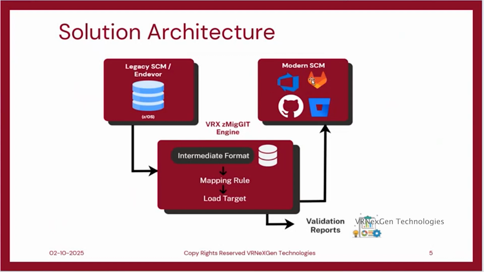Whichever you choose, the mapping rule is facilitated accordingly, and we load all the migrated assets into the chosen target SCM. After that, you can validate whether the application has been migrated properly, including the number of files, file sizes, and whether the content is completely moved without any truncation.